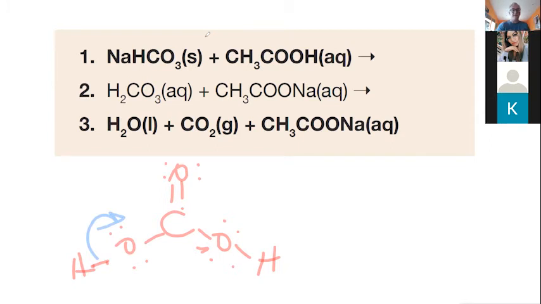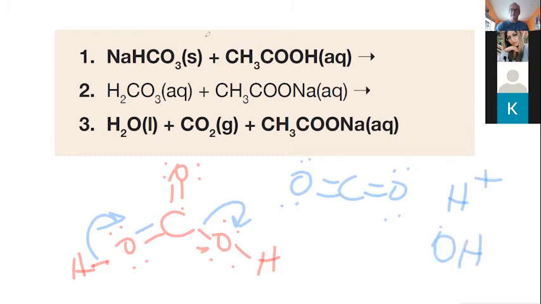This makes another bond, and then this bond gets donated back to the other oxygen because it's pulling on electrons as well. And so what you have is the production of O=C=O, and H plus and OH minus.